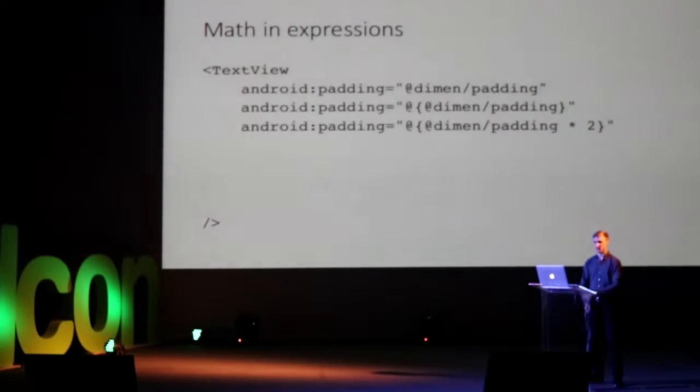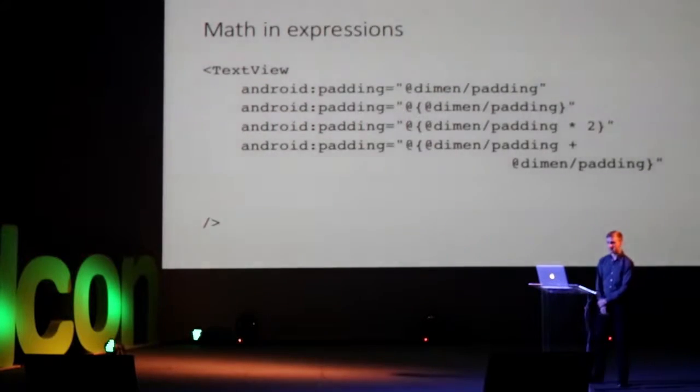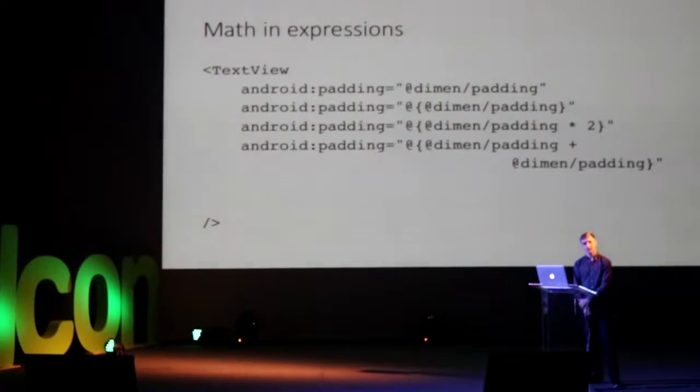I often have padding double and padding triple defined in my dimensions. But when you use data binding, you can just do math inside of your expression, which is really nice. It also supports adding the same or different resources. You can also subtract and divide.